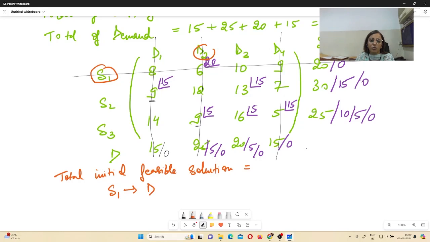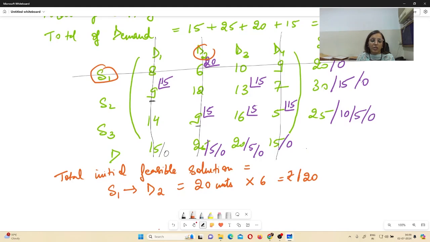So S1 to D2 is how much? S1 to D2 is 20 units. Right, so write it over here, 20 units at a rate of rupees 6. So 20 units multiplied by 6, that will be 120 rupees. So the total transportation cost over here is 120 rupees.